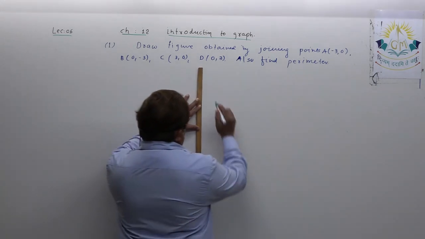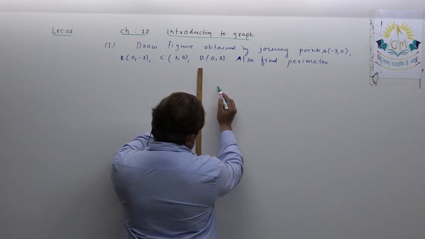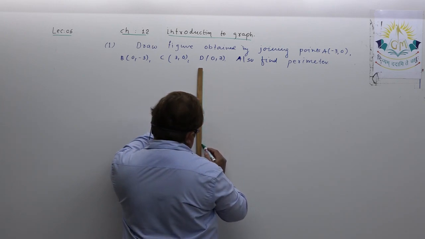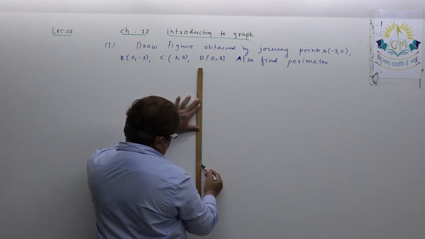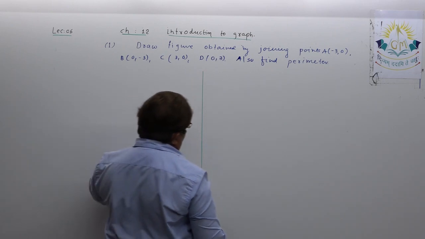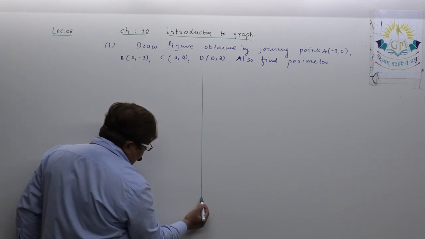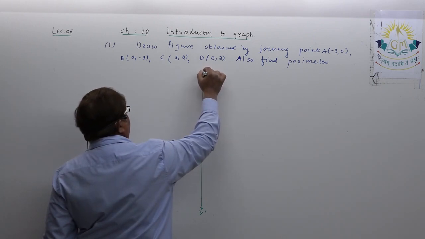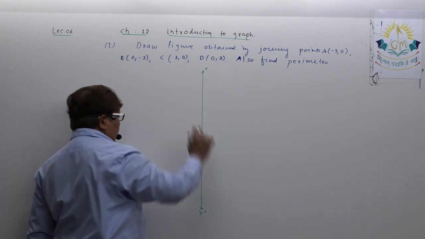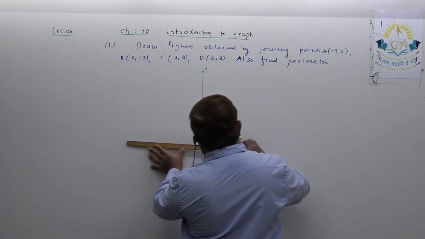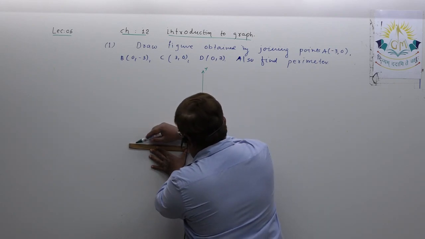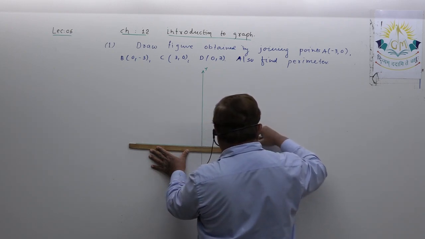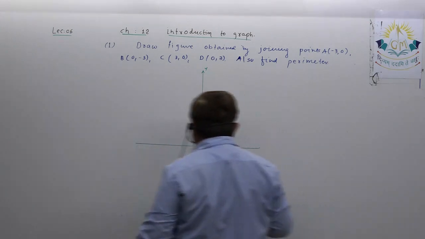First, as you all know, prepare graph paper by drawing the y-axis, y dash and y, and the x-axis.